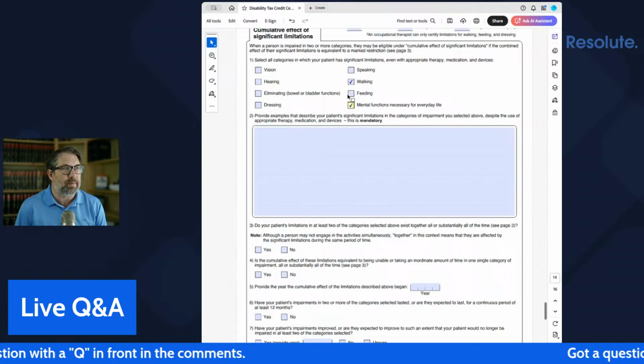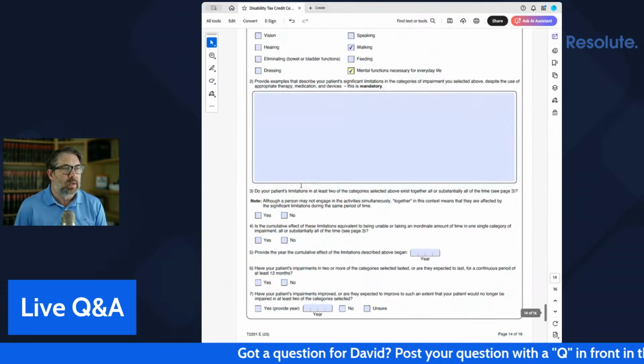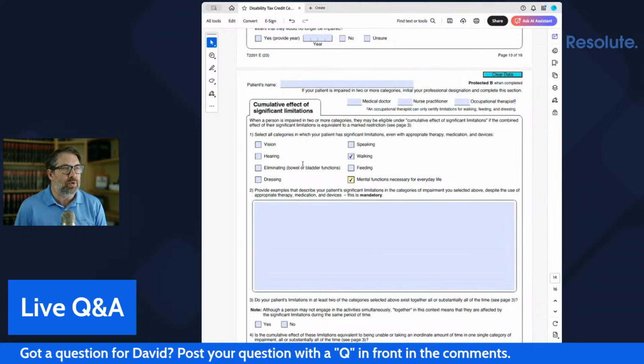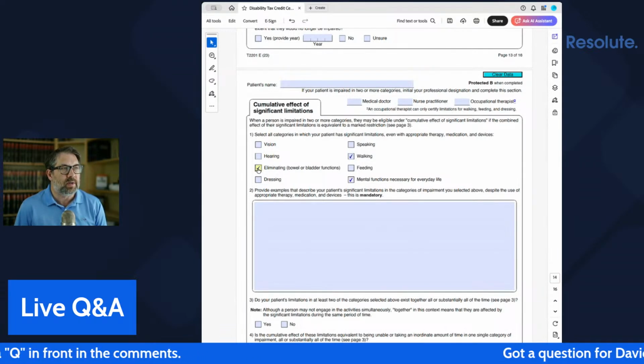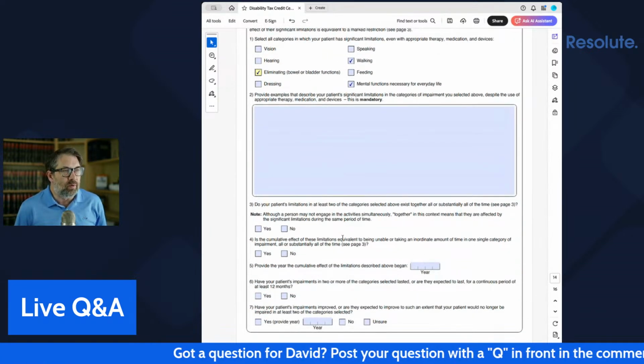This will be a way that a lot of people will qualify when they have two or more of these areas that accumulate together. So that is something to point out to your doctor if they're not aware of that. Maybe you do have two or more of these that, while not on their own markedly restricted, are serious enough that when you combine them all together, they constitute a marked restriction overall.